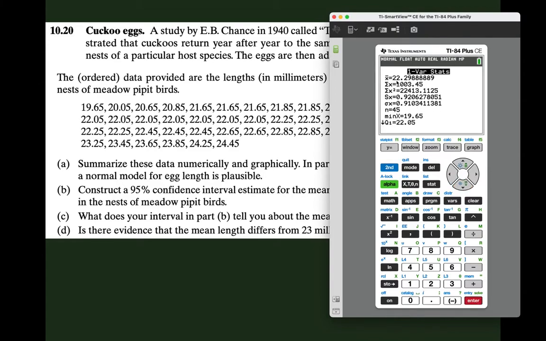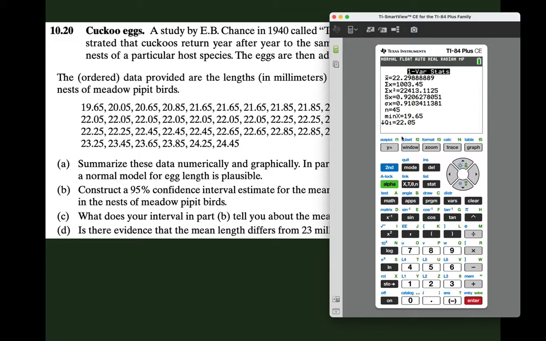And notice we have the sample mean. It's about 22.3. Then the sample standard deviation. When we were covering this originally in Chapter 5, I explained in one of those videos that the s here means sample standard deviation and the sigma means population standard deviation.